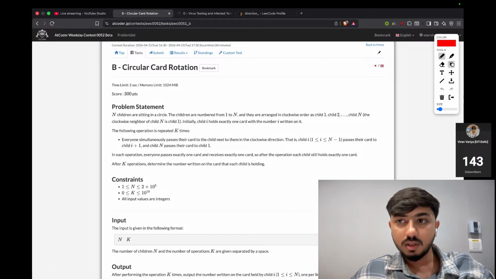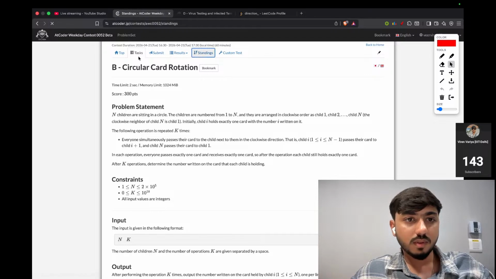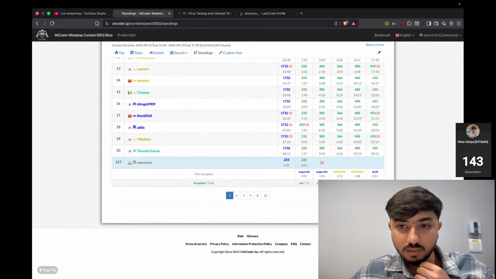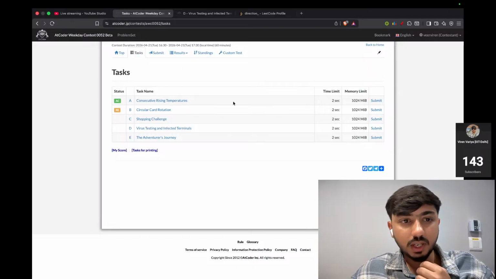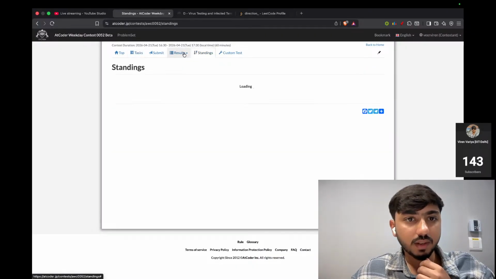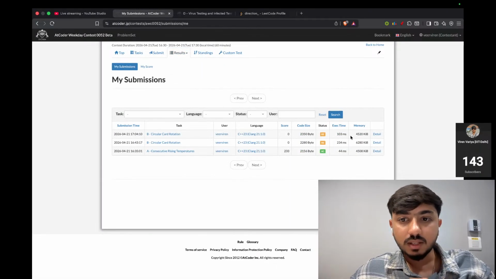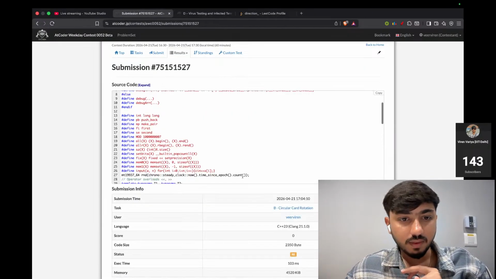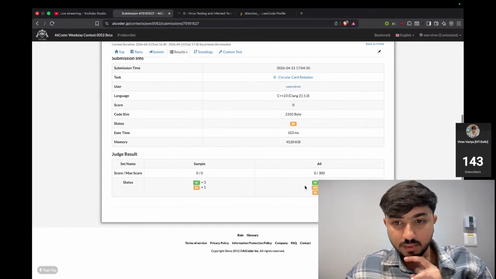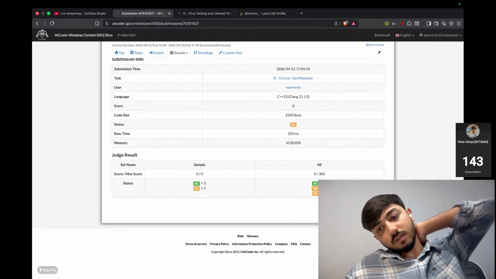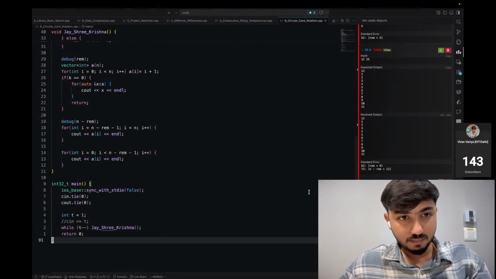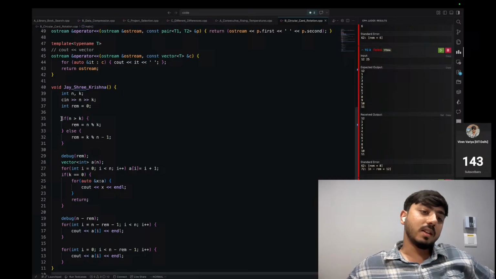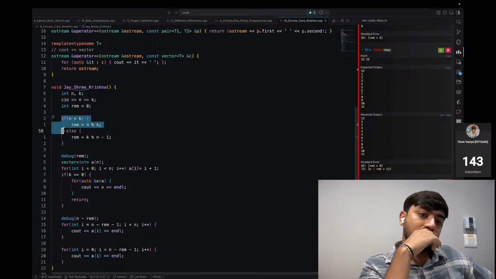Getting two runtime errors? That's fine, but I want to see the details where I can find my submission. Here I can find it. Still, we are getting eight wrong answers. That means something is missing. So if n is greater than k, then we'll perform k shifts.